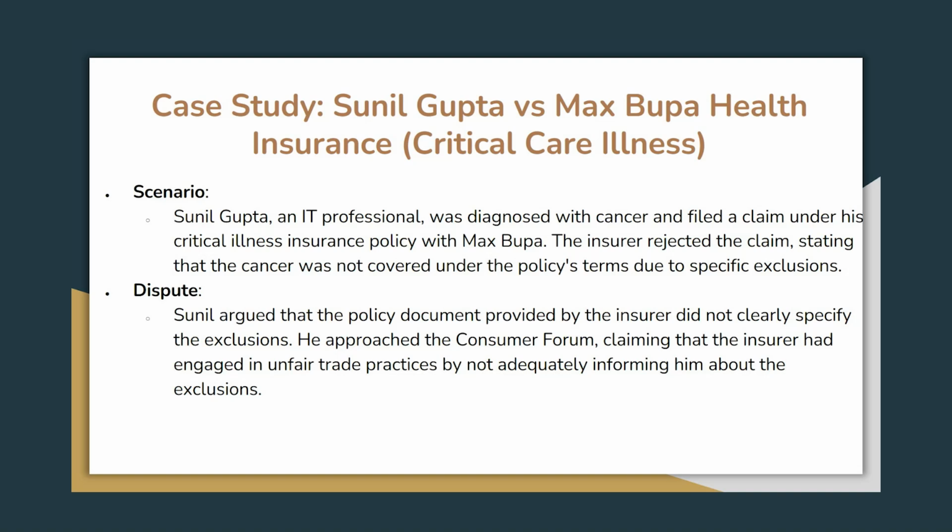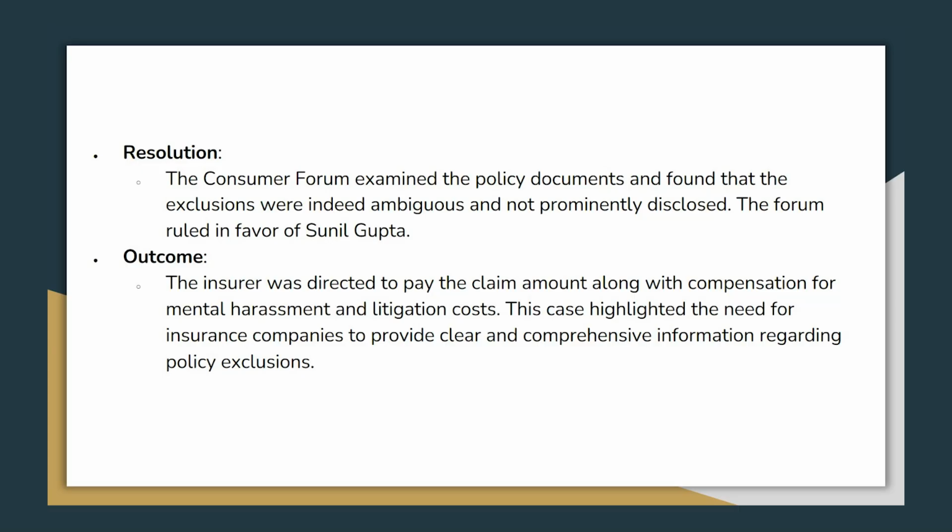The consumer forum studied the policy document and found that the exclusions were indeed ambiguous and not prominently disclosed, and that's why the forum decided in favor of Sunil Gupta.